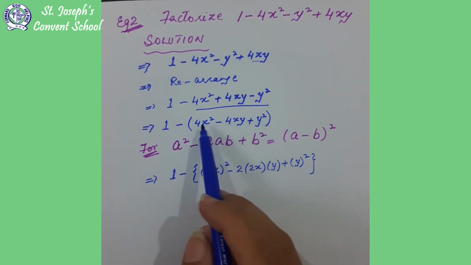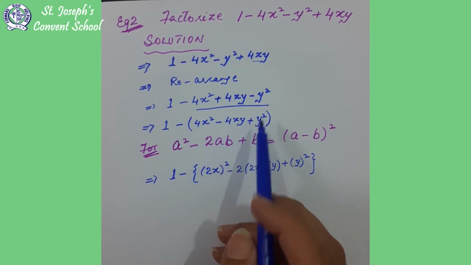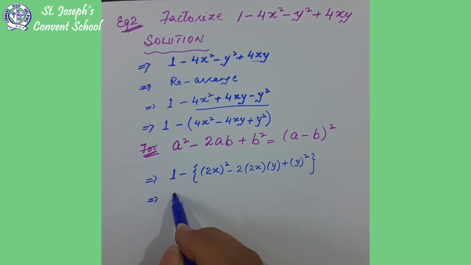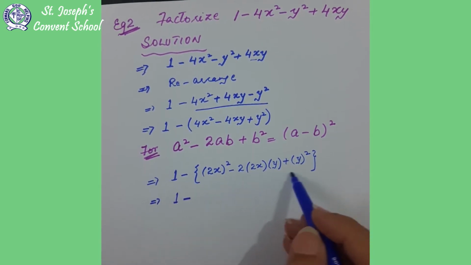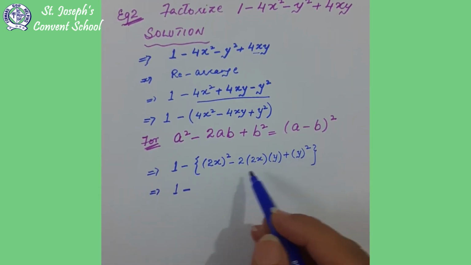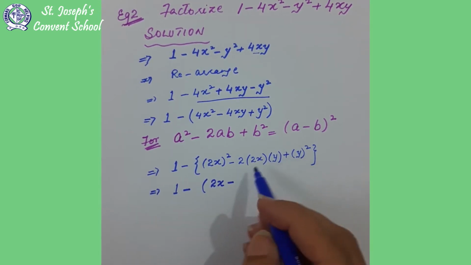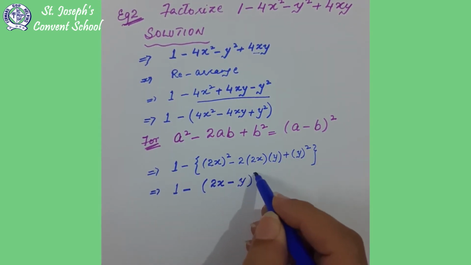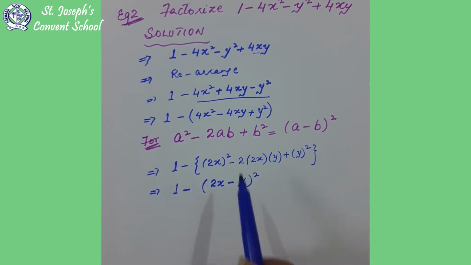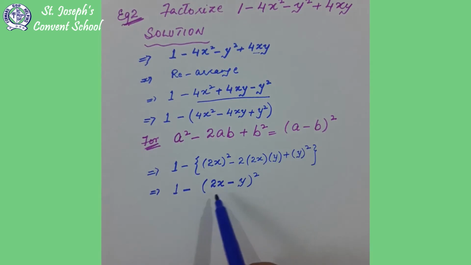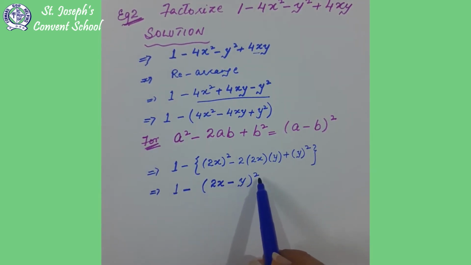So this bracket, a square minus 2ab plus b square, we have written in the formula form. Now 1 minus this whole bracket equals a minus b the whole square. A is the first term, minus b is the last term, the whole square. So a square minus 2ab plus b square equals a minus b the whole square. So this first step is done.